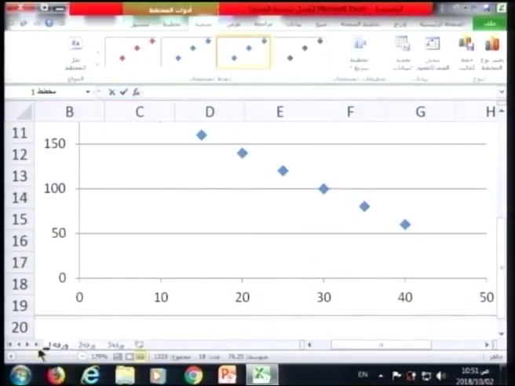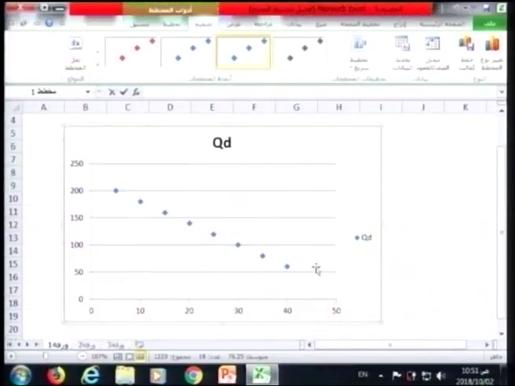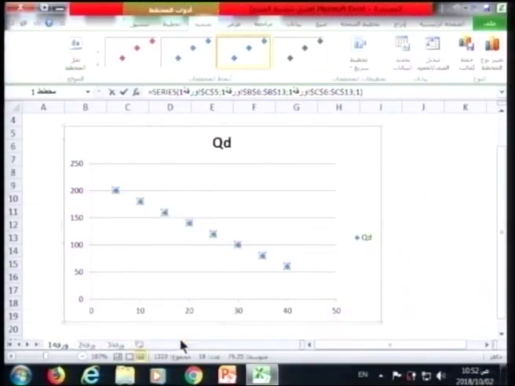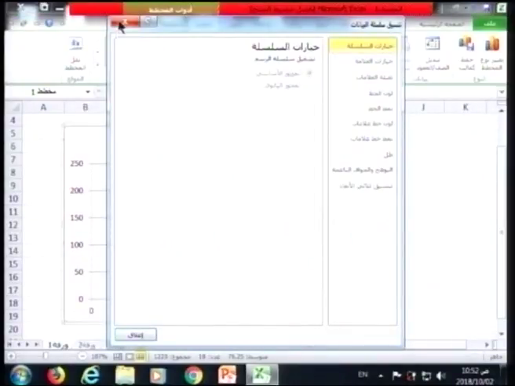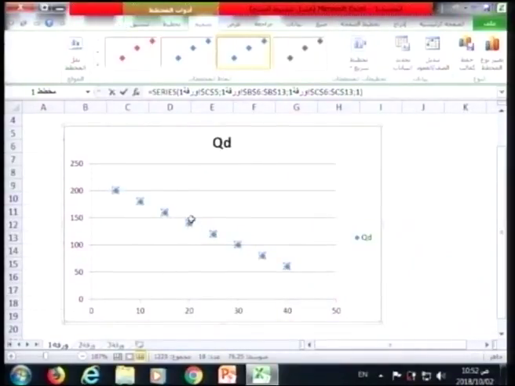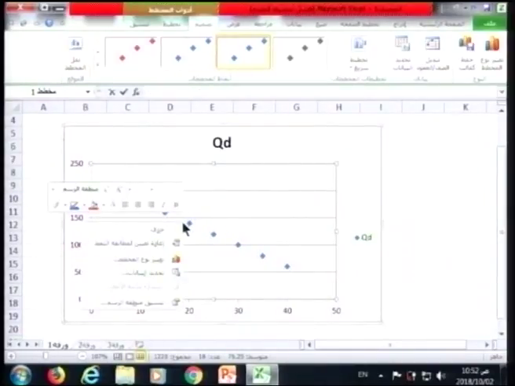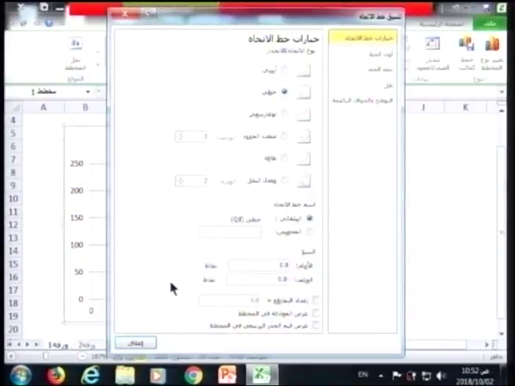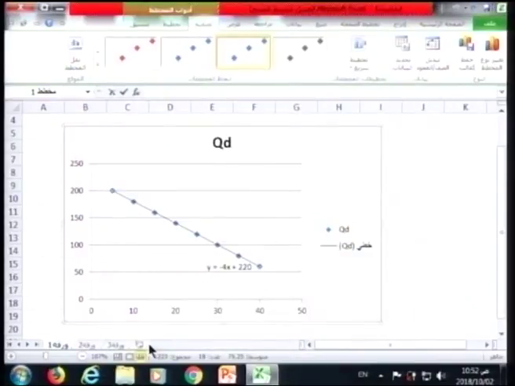This graph represents the relationship between the prices and the quantity demanded. I will draw here the function.